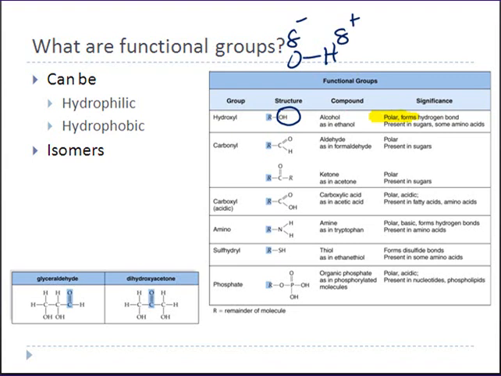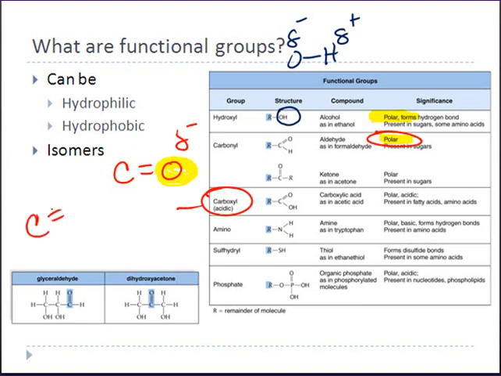Another group you should be comfortable with is the carbonyl group, and this is a carbon double bonded to an oxygen. Again, because there's an oxygen present, we can expect to have partial negative charges here, and as a result, you're going to have a polar molecule. The carboxyl group is the next one. This one you commonly see, and I'm going to mention it in a little bit when we discuss proteins and amino acids.